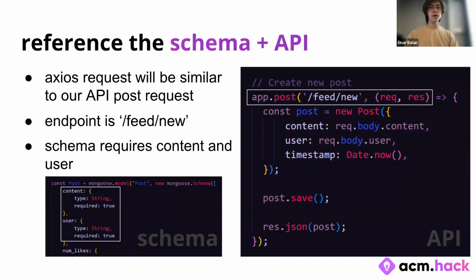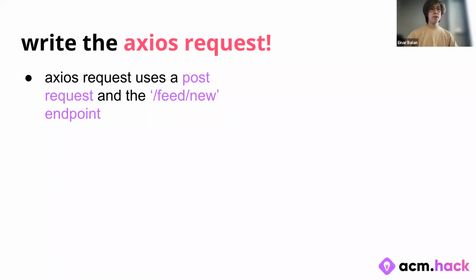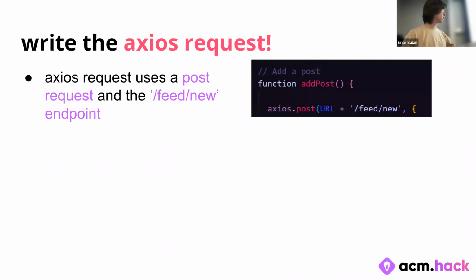So as we saw, going back in our API, we're using app.post, so we're making a post request. All a post request is, is creating something in our database. So here for our add post Axios request, I'm using a different syntax for the function, an arrow function.